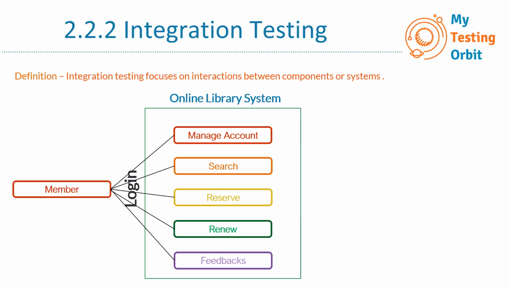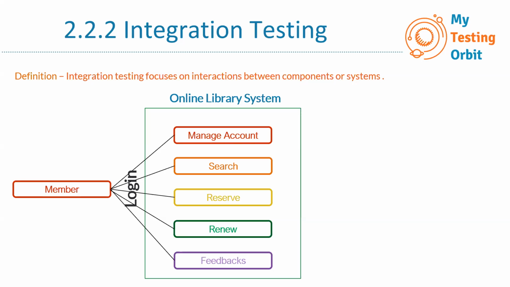I have taken an example over here so that in the rest of the session, wherever needed, we can refer to this example, and it will be easier for us to understand all the concepts. We have taken an online library system, where we assume that there's a membership system: you have gone to the library and got your membership card, and then they give you access to an online library system as well, where you have to log in.